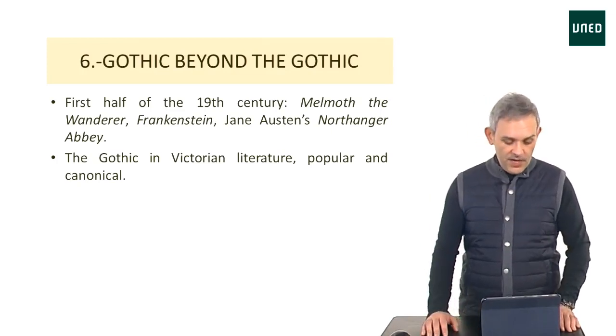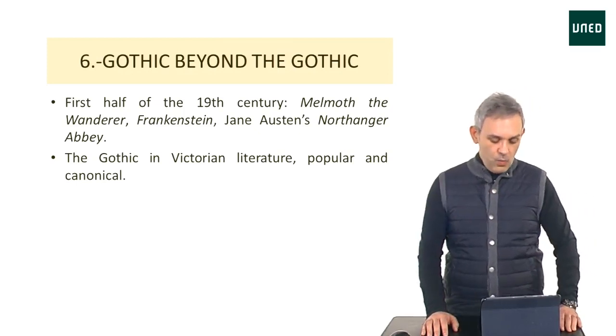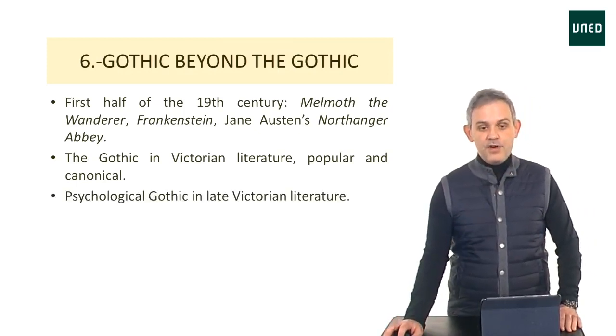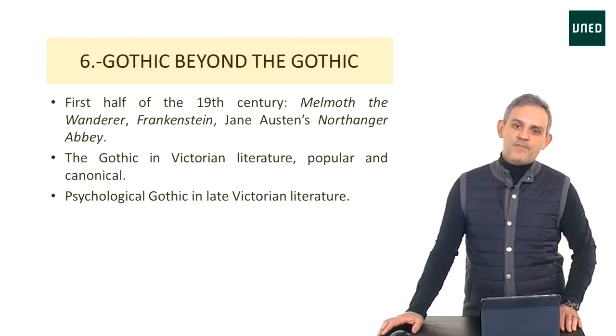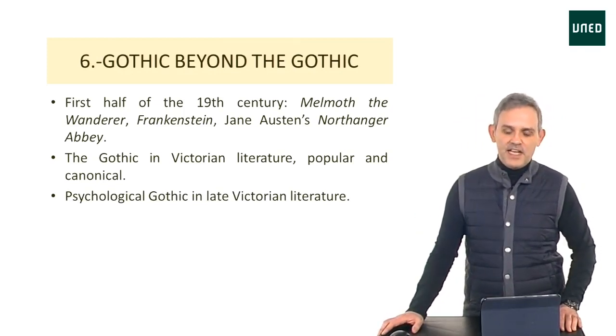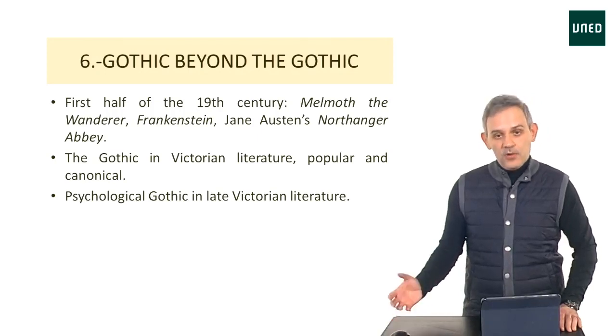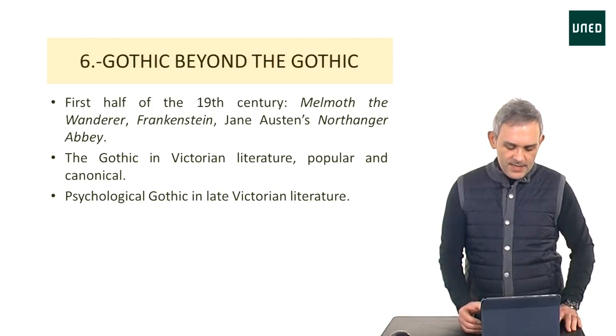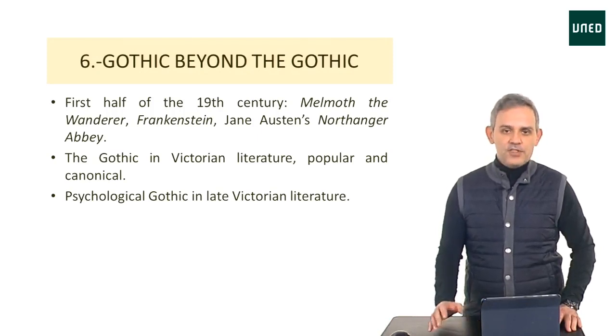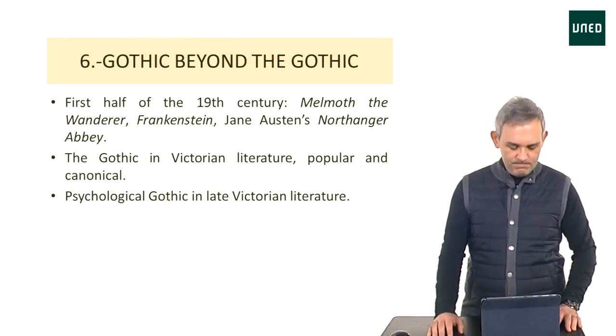Other late Victorian novels, like Wilde's The Picture of Dorian Gray, or Stevenson's The Strange Case of Dr. Jekyll and Mr. Hyde, are also Gothic in many ways, but they stress the psychological aspects of the Gothic.